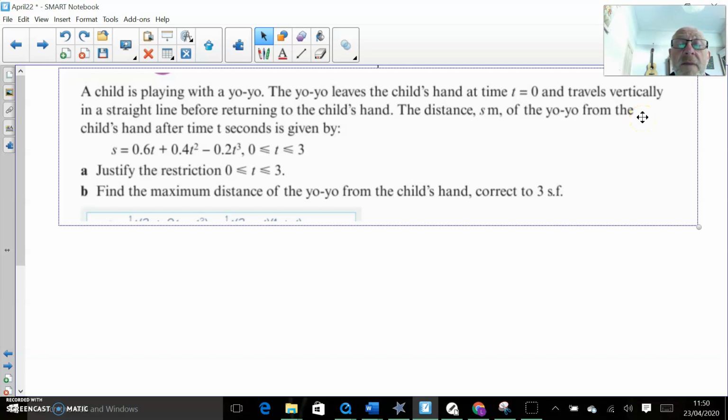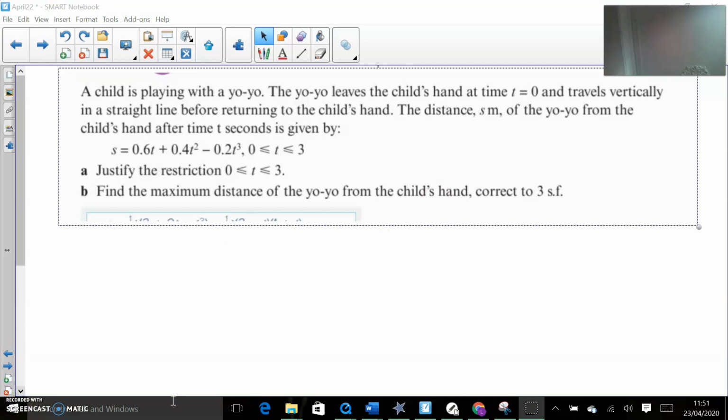The distance s meters of the yo-yo from the child's hand after t seconds is given by s equals 0.6t plus 0.4t squared minus 0.2t cubed, when t is between 0 and 3.